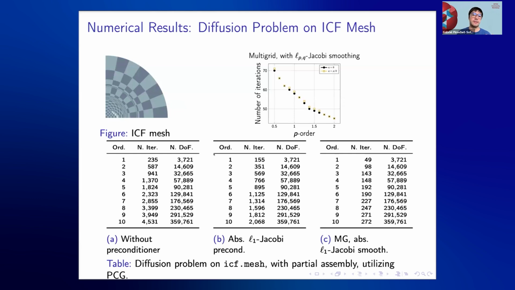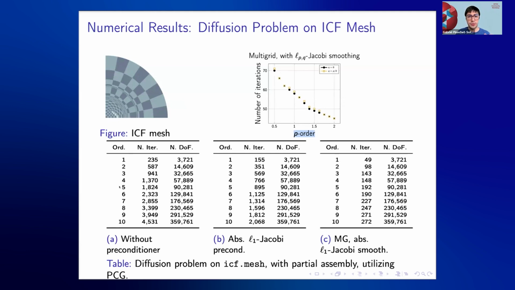That's pure, it has tensor elements. We see that for different values of P, we get a good smoother for multigrid. At some point, it stops working because, as I showed you in the first slide, the iteration matrix may fail to be positive definite. That's the main issue. But it works pretty nice.